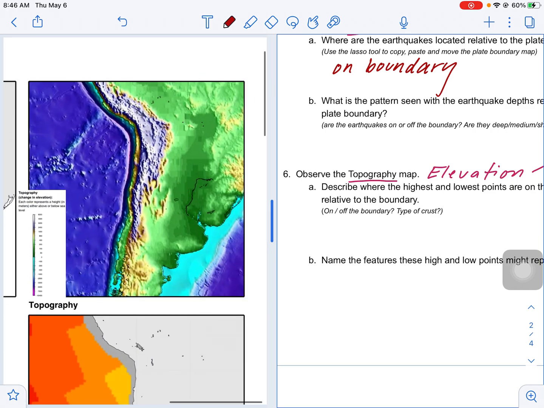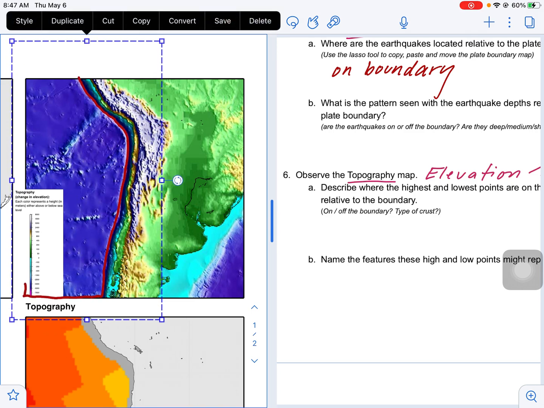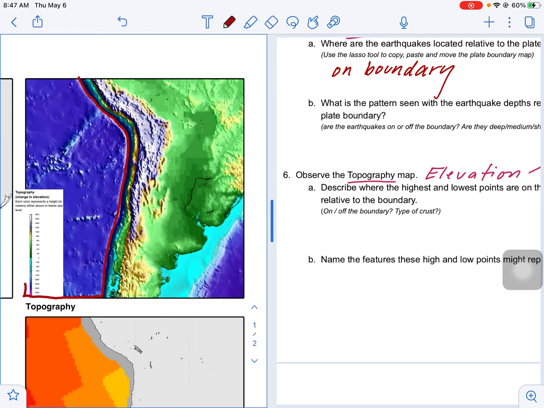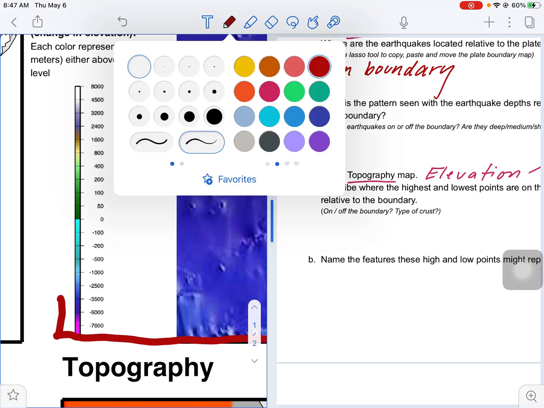My next one here is topography. So I put my boundary on. Again, this is showing elevation. Where do I notice my high points and my low points? Well, this 0 here is sea level.